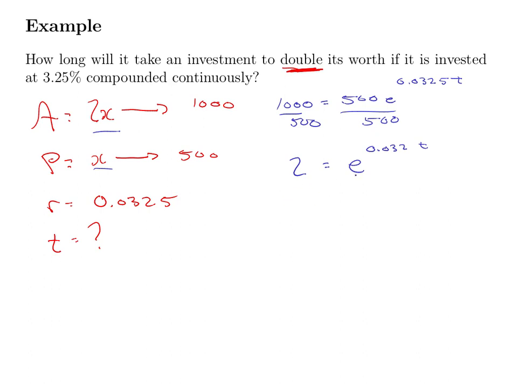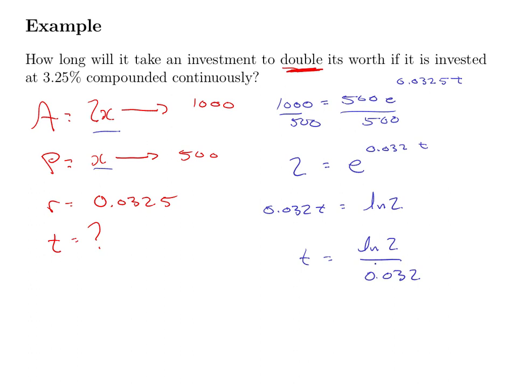Anyways, now we can use logs. We can say, all right, now 0.0325t equals natural log of 2. And so t is going to be the natural log of 2 over 0.0325, which again, I'll have to grab my calculator and see what that is.